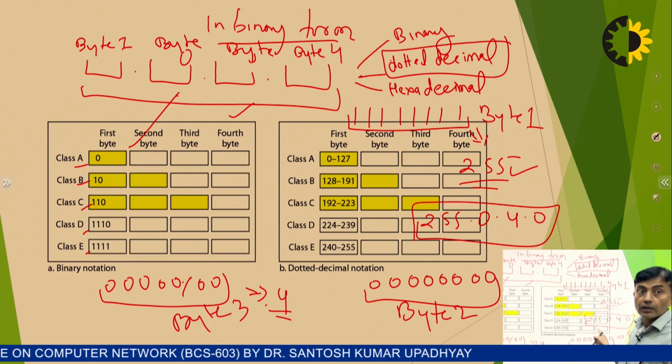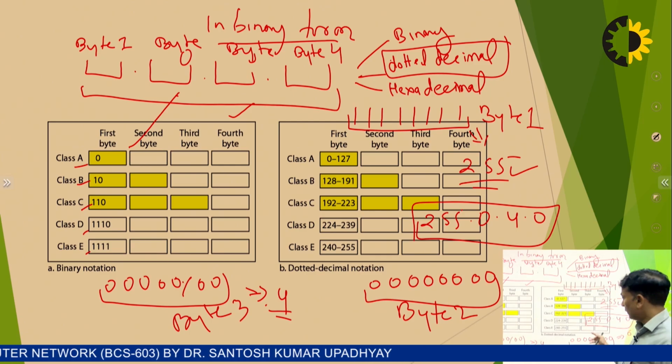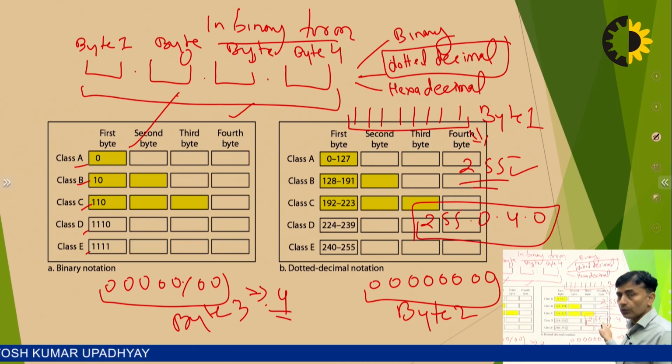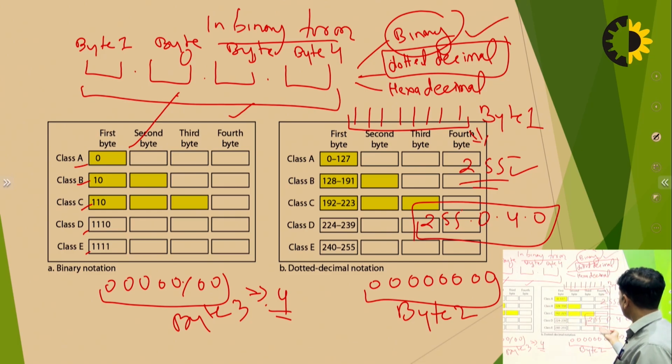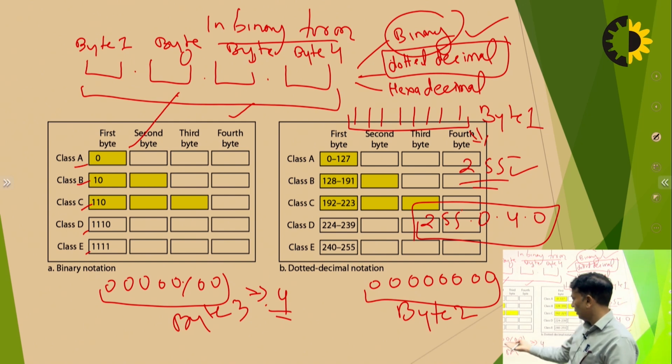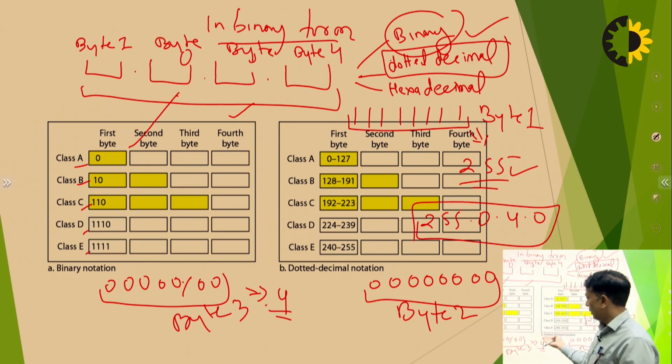This is the dotted decimal notation of the IP address. How many bits? 32 bits. There are 4 divisions, first byte, second byte, third byte, fourth byte, and a dot is placed between consecutive bytes. Okay. And if we are talking about the binary representation, it is simply like this: all 8 1s, then all 8 0s, then 6 times 0 then 1 0 0, then the last 8 0s.